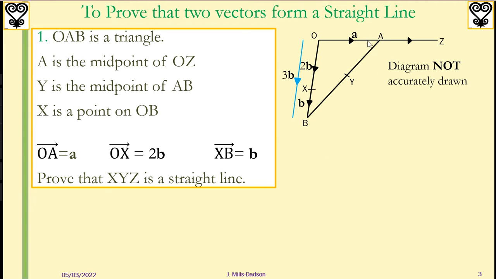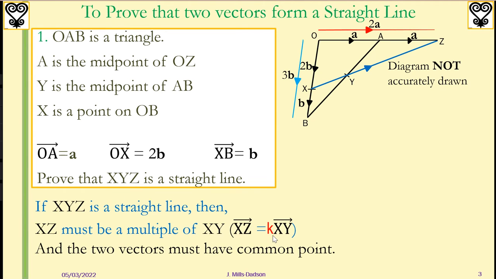And also, if A is the midpoint of OZ, then vector AZ must also be A, so we can have vector OZ as 2A. Now, to prove that XYZ is a straight line, we can prove by saying that XZ is a multiple of XY.